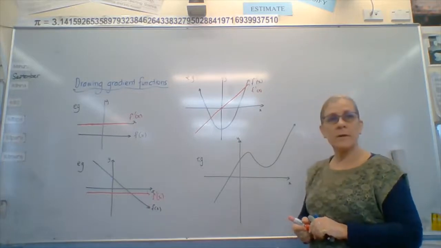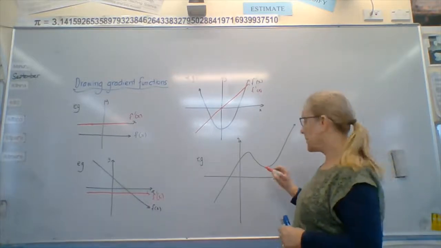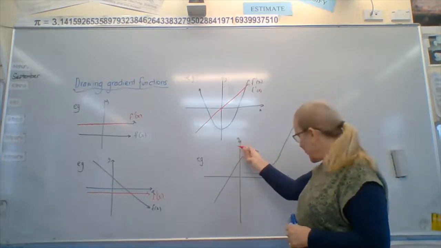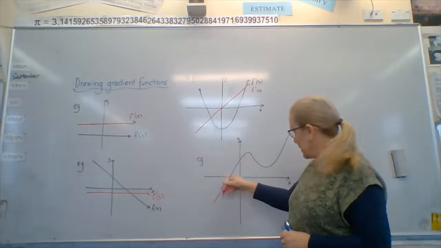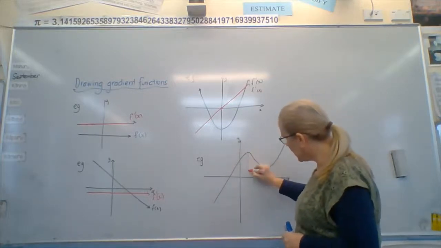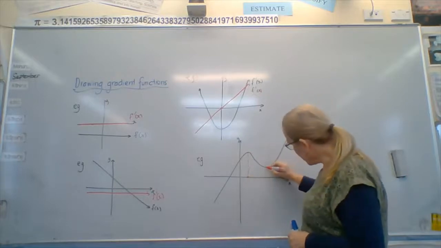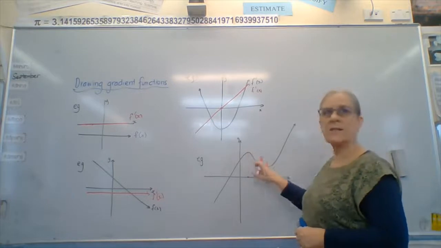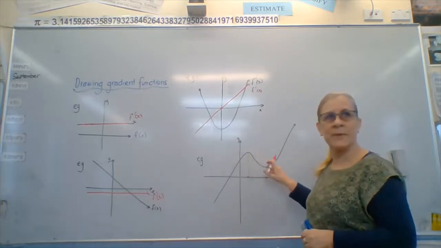At the bottom of the trough, or the top of the peak. They're perfect answers. Bottom of the trough, top of the peak, right? That's when the ruler or the little thing that's driving along here is sitting flat. So at this point, it's 0. At this point, it's 0. All right? What's the gradient in here?